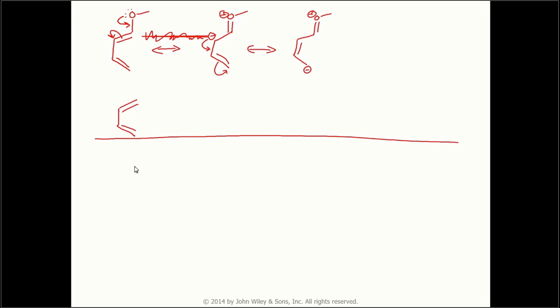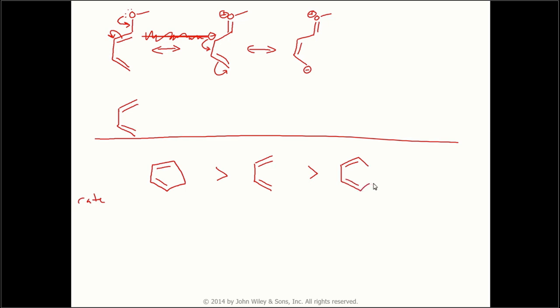But while we're talking about relative rates, if we think about butadiene, then it turns out that cyclopentadiene reacts much more quickly than butadiene, which reacts much more quickly than this diene.